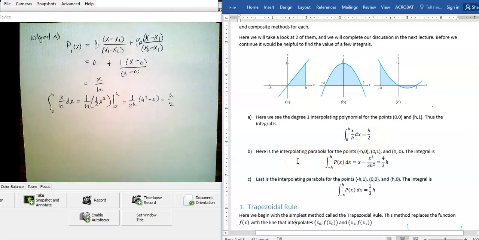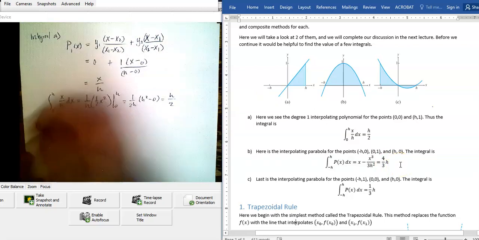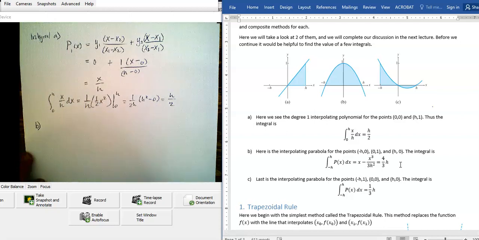Here we have the second one. It's the interpolating polynomial for our parabola, which is the integral from negative h to h of whatever our formula is, dx, which is this antiderivative evaluated from negative h to h. It should give us 4/3 h. So let's just show that.